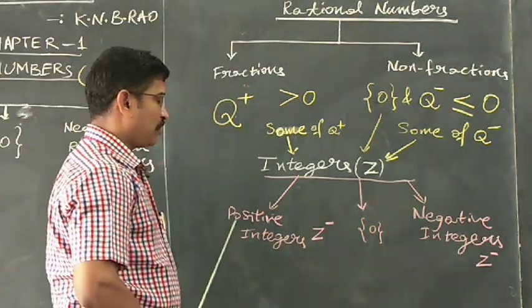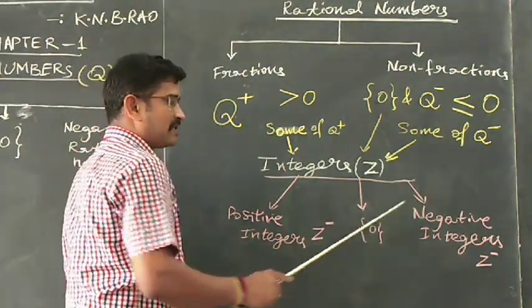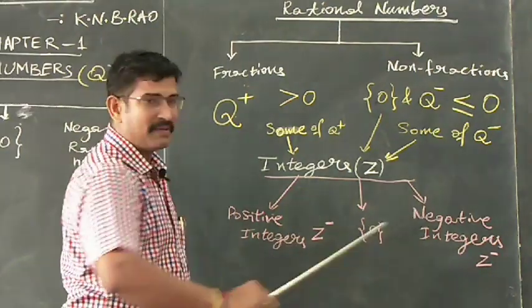So, all the positive integers, negative integers, and the singleton set 0. So, integers can be subdivided.